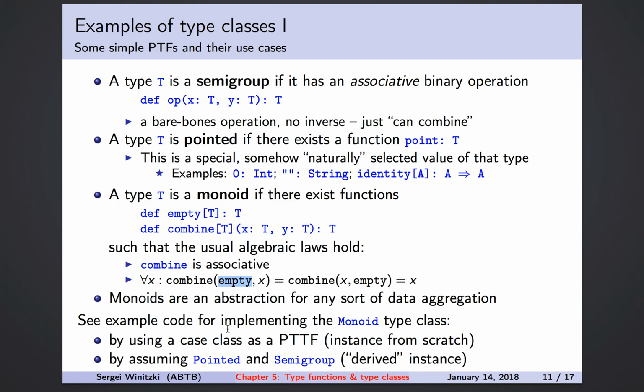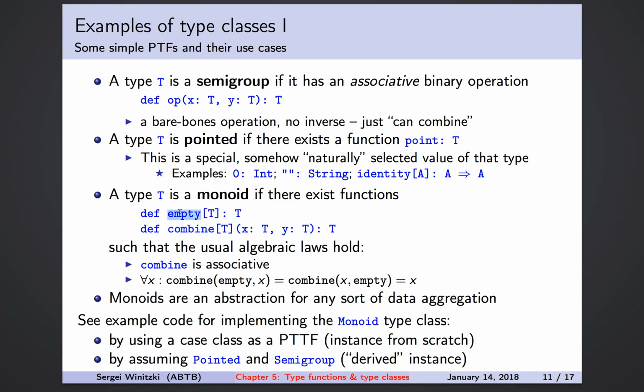So now we'll see examples of how to implement the Monoid type class by either just doing it from scratch, so implementing the PTTF and so on, or in a very interesting way, if we assume pointed and semigroup first. So pointed type class has this point function, semigroup has the op function, and Monoid has these two functions of the same types.